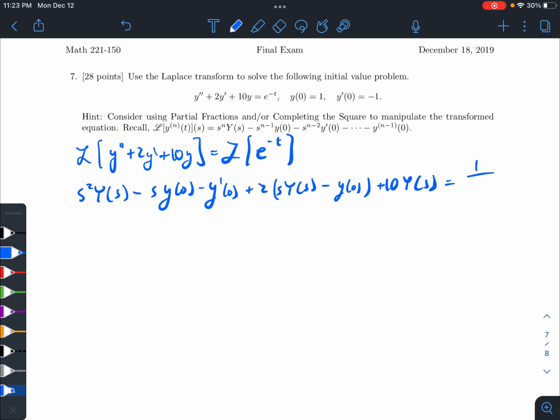This is equal to L of e to the negative t, which is just 1 over s plus 1.